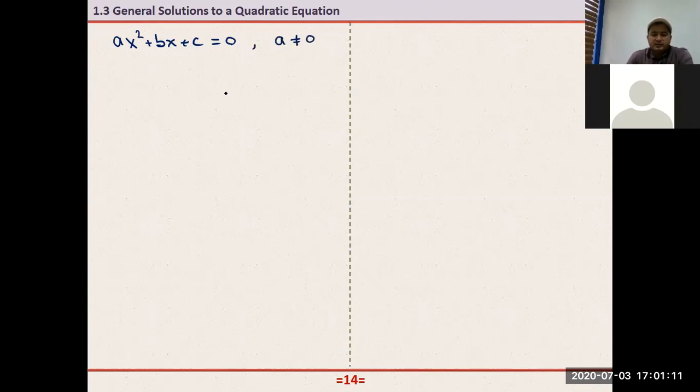The question is, make x the subject of this formula. And make x the subject of this formula means, how can I isolate this x? How can I leave this x alone on the left-hand side? And on the right-hand side, we have an expression that involves only a, b, and c. It does not involve any x. That is a big question, actually.